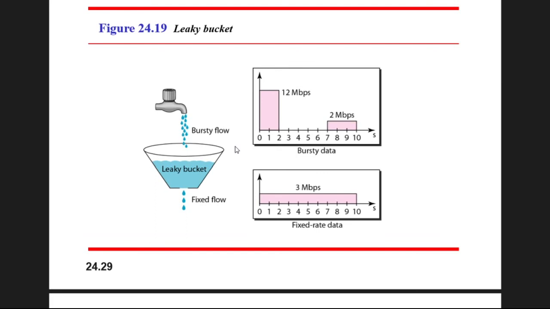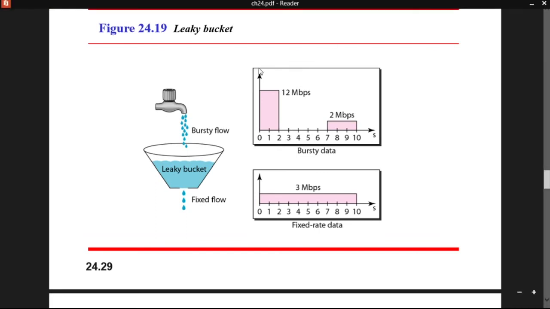Here you can see that for the sender, the tap, this is the bursty data. Sometimes there is huge data and sometimes small data, but when the data passes through this pore, it passes at a fixed rate. So congestion can be prevented here. In this way we can control the congestion.